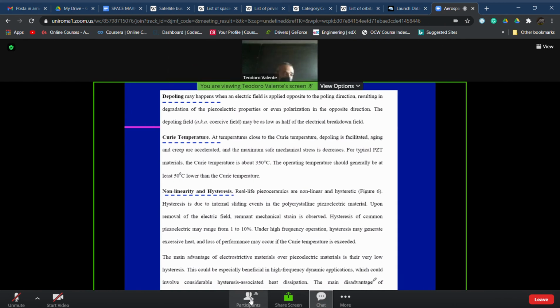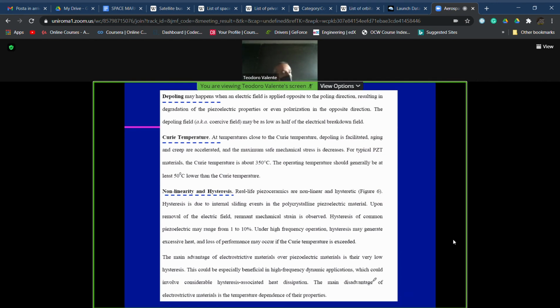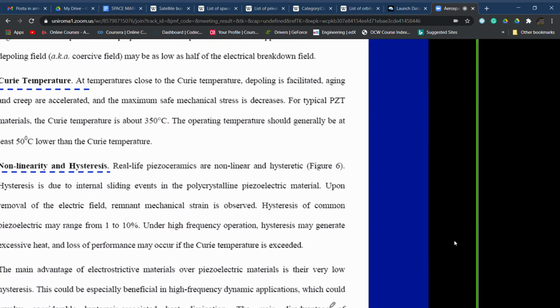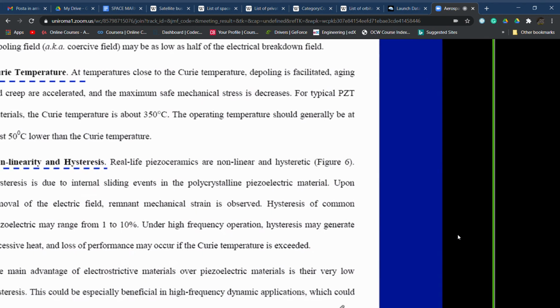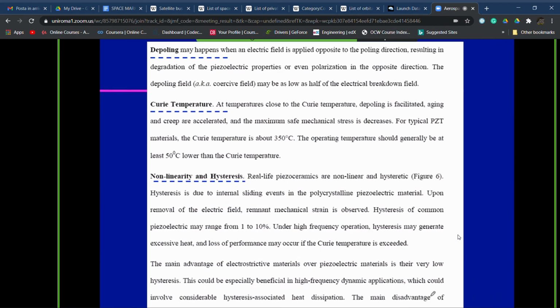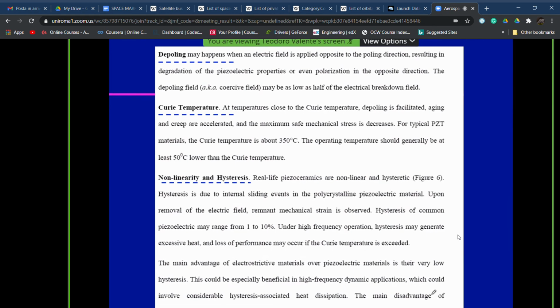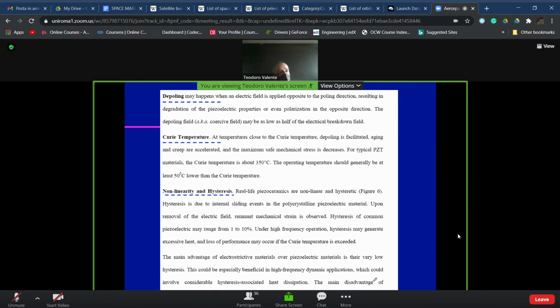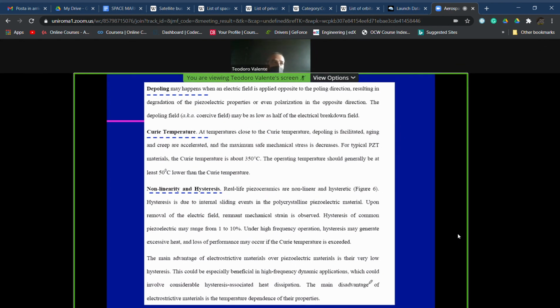Each piezo has its own value, but around 300, 350 Celsius. And so for temperatures higher than the Curie temperature, we cannot rely on the piezo effect anymore because depolarization has happened. And then it depends on the piezo materials as well as on, for example, the entity of the applied stress.